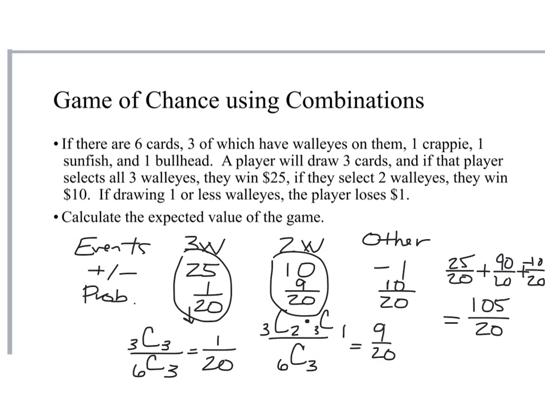So I have 105 divided by 20, which comes out to be 5.25. So this expected value is a positive $5.25. That means that this game is in favor of the player, and a definite favor. Every time you play this game, you'd expect to win about $5.25.